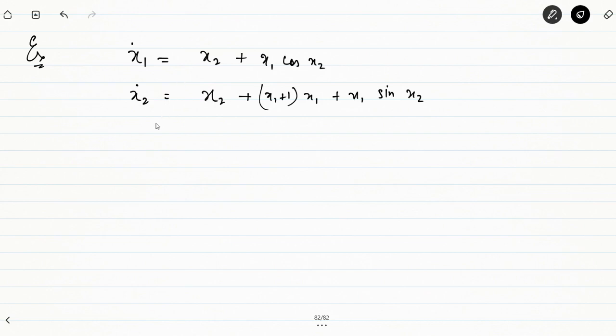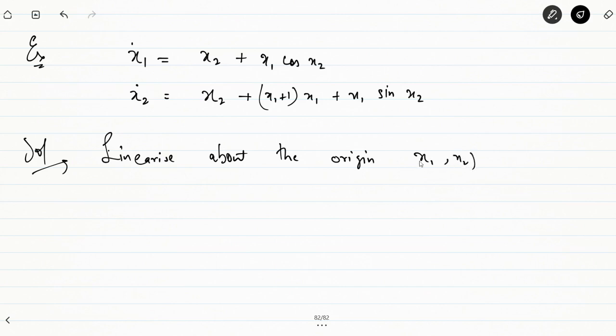So let's try to linearize this system around the origin. There will again be a number of equilibrium points of this system. One of them will be x1 equal to 0, x2 equal to 0. So linearize about the origin, that is x1, x2 being 0, 0.